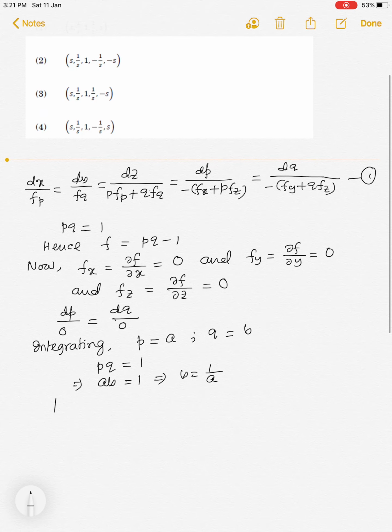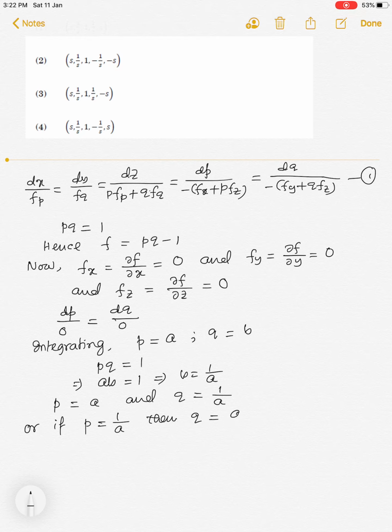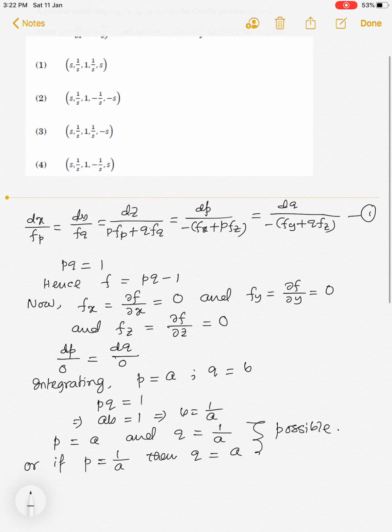Hence p is equal to a and q is equal to 1 by a. Or, if p is equal to 1 by a, then q becomes a. These two cases are possible. Now let us check the given conditions.